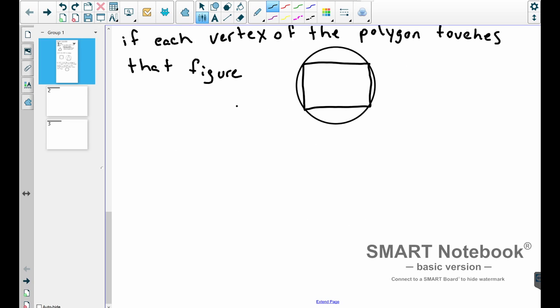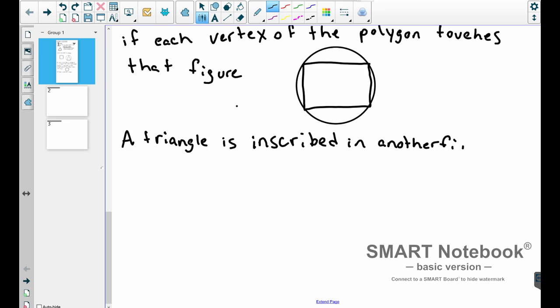One last example here. A triangle is inscribed in another figure, probably a circle in our case, if each vertex touches that figure.